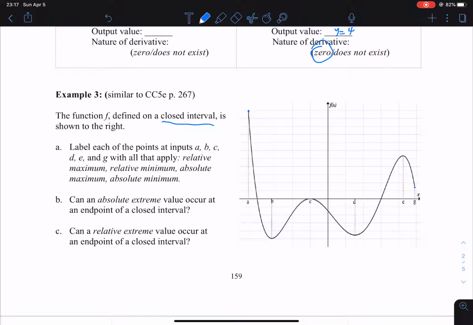So let's see the first one, point A. Point A is higher than any other point in this function graph, so this is the absolute maximum point. And the next point, B. At point B, the derivative is 0, so we know this is a critical point, and this is a relative minimum point by using the first derivative test.